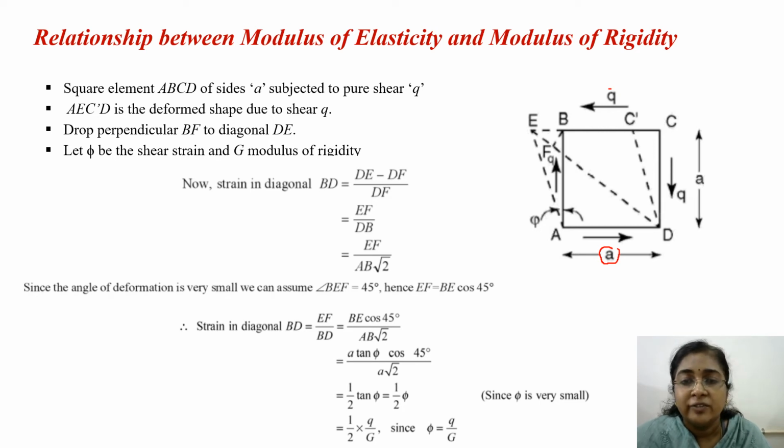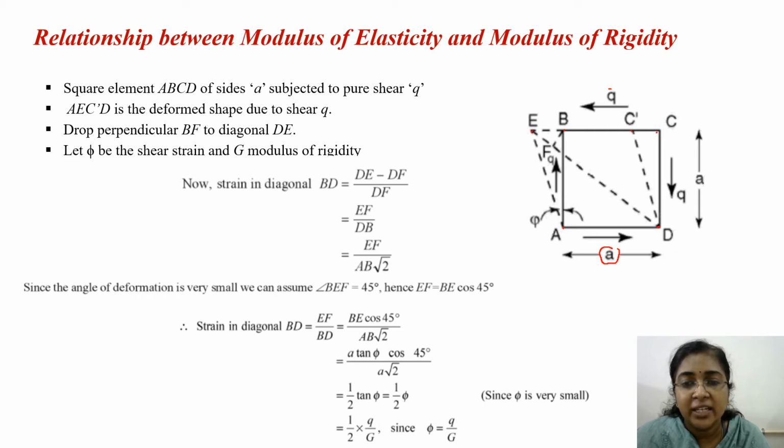Now for the element, the initial shape is A, B, C, D, and due to this shear stress Q, the deformed shape is represented by A, E, C dash and D.